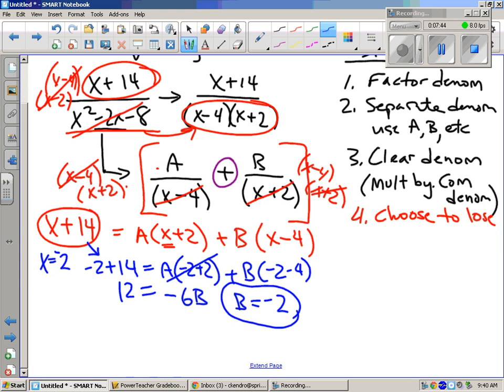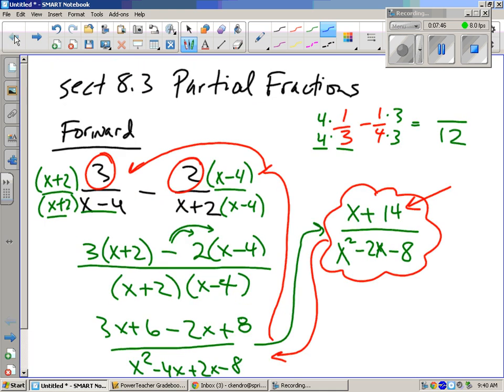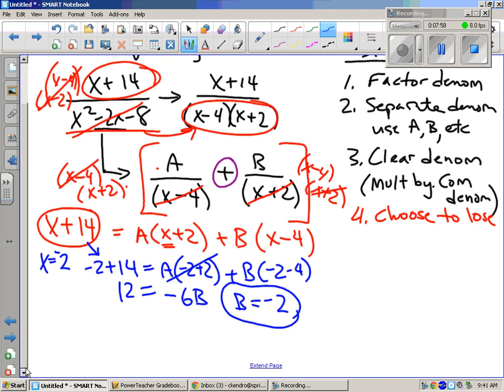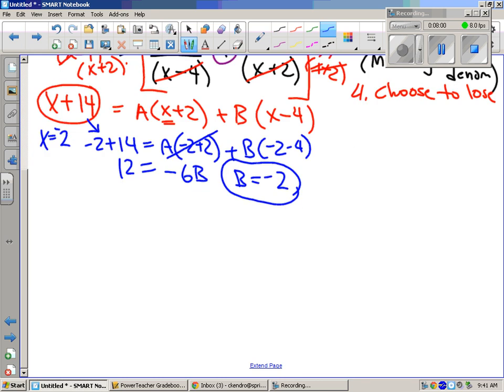And if we go back a page, right there is our negative 2. This is your negative sign and the 2. So it's already decided that it's negative, so it took care of that. Alright, the next choose to lose is we got to look at the other parentheses right here. So I want to choose a 4 this time, so x equals 4.